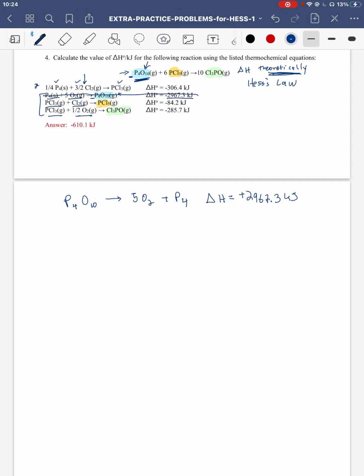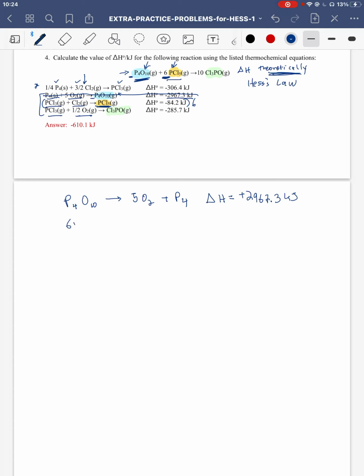I'm just going to cross this out because I've used this one, and I want to keep things straight. PCl5, awesome. I'm going to figure out how to get PCl5 in my overall reaction. I see I have 6 of them here and 1 of them here. That means I'm going to have to multiply by 6. I also see PCl5 is in the products and it needs to end up in my reactants, so I'm going to need to do a little switching.